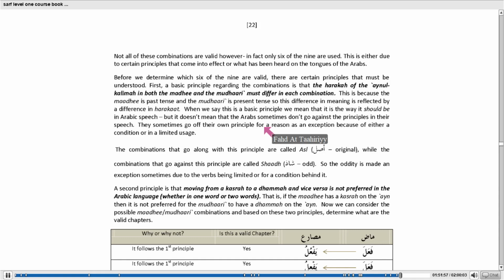If that principle is not followed at times, it doesn't break the principle, but it is only considered an exception due to a benefit. Okay? Now this exception is because of one of two things. Either a condition, yani there's a certain reason why this exception was made. This reason is because of a condition.